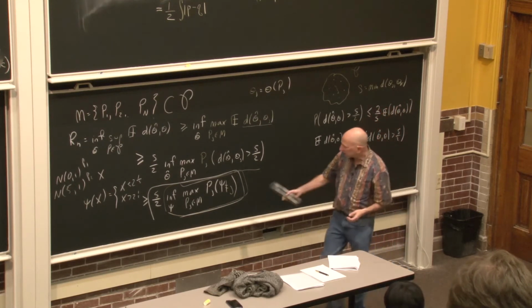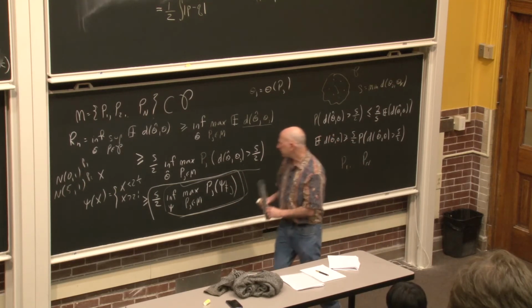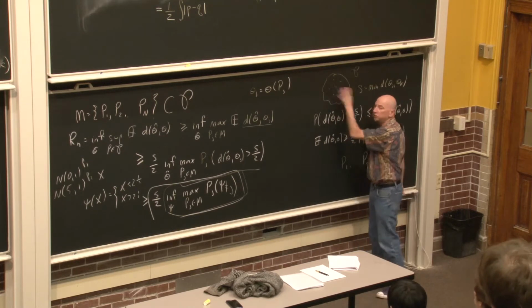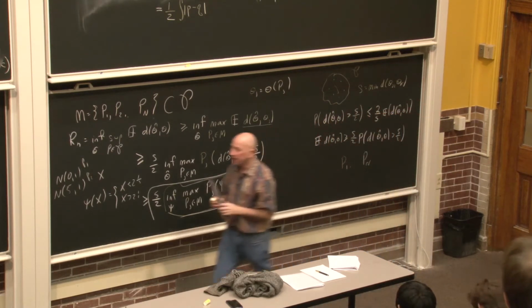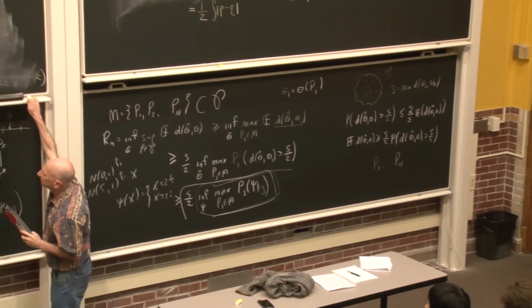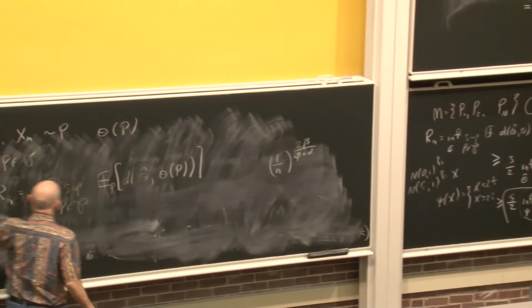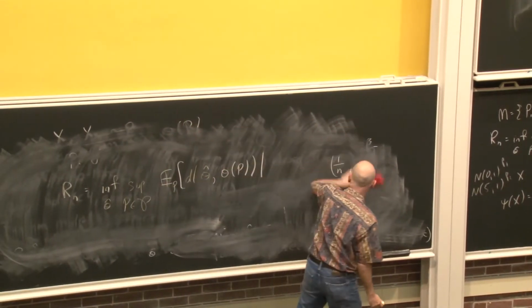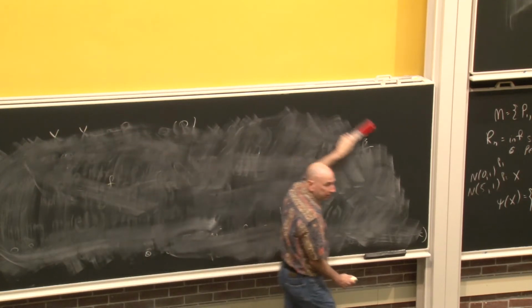So I'm going to start by solving this problem. How do I compute this? In the special case when I'm going to choose only 2 points in this space, which often turns out to be enough. So I'm going to do a very special construction here.